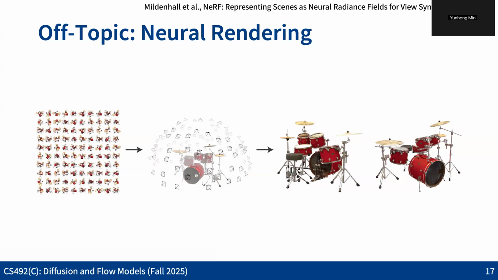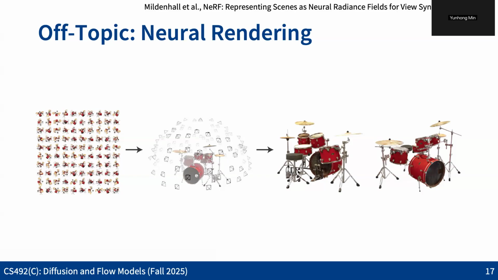The basic idea is that we want to produce some 3D output from a collection of images from all different views. So the input is a collection of images, and the question is how can you generate something representing the 3D object, in a way that we can render the reconstructed output from any arbitrary view. This is a very classical problem in graphics and vision.